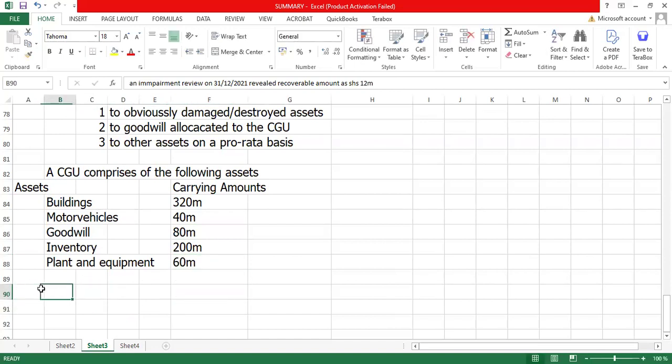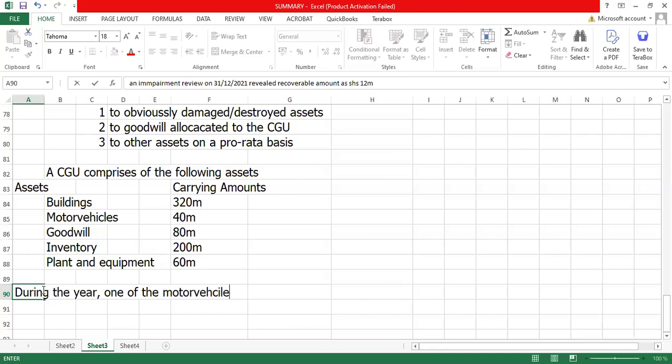Then the additional information telling you during the year, one of the vehicles, one of the motor vehicles, got involved in an accident, and got totally destroyed.